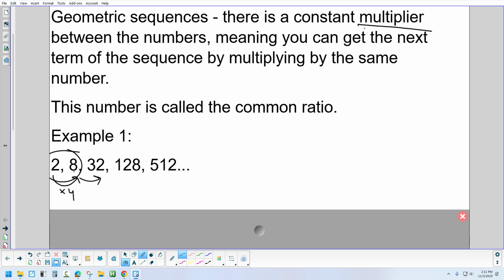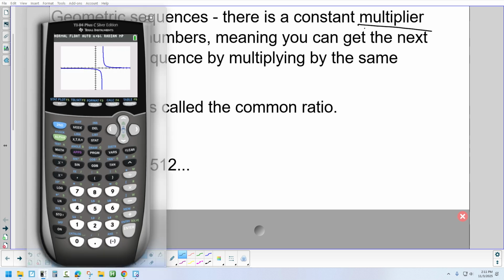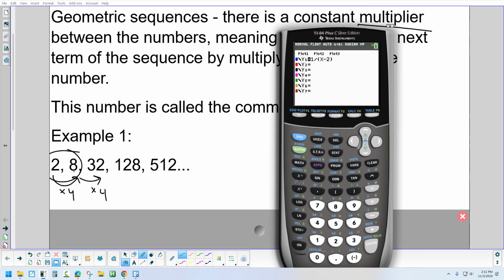And let's check this. What do you multiply by to get from 8 to 32? 4 again. And if you bring it up and you check it on your calculator, and you do 32 times 4. It's a little bit harder because the numbers are getting bigger.